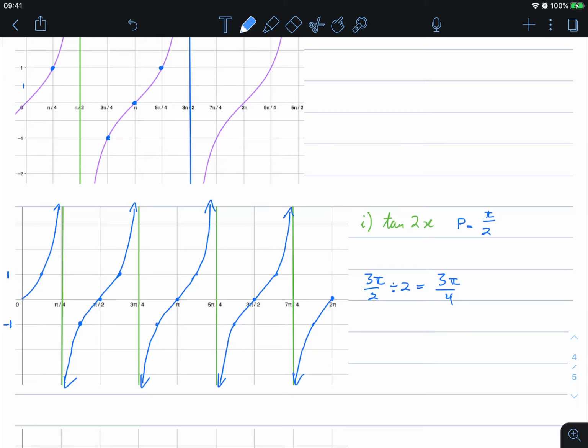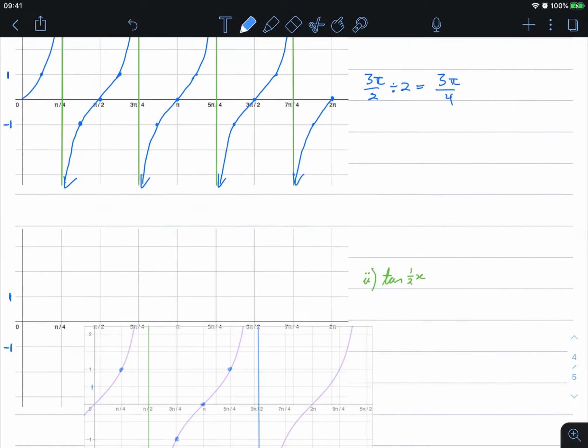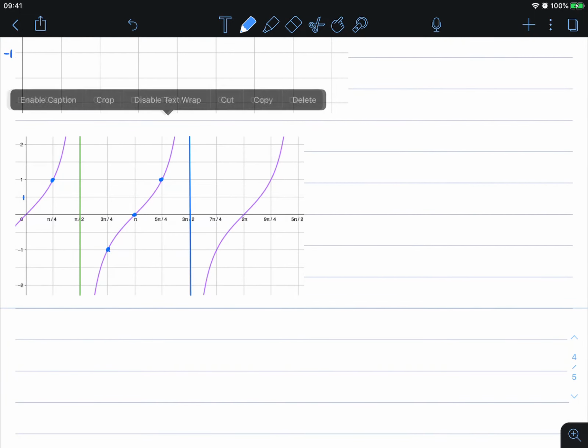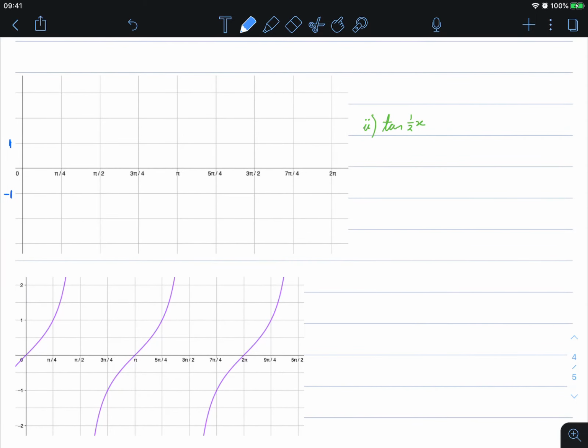Let's do one final example. Let's move this down. Let's eliminate all our lines. So let's first find our period. The period for tan is always going to be pi, and we're going to divide this by half, the coefficient of x here.